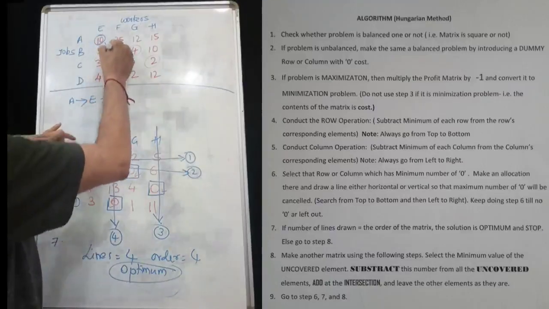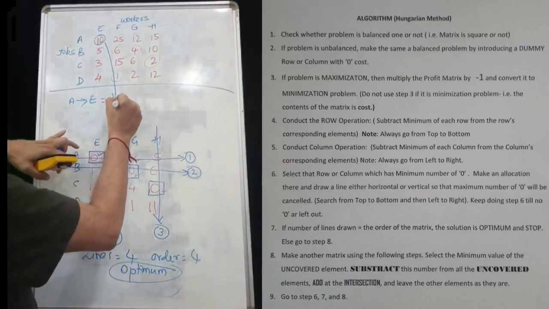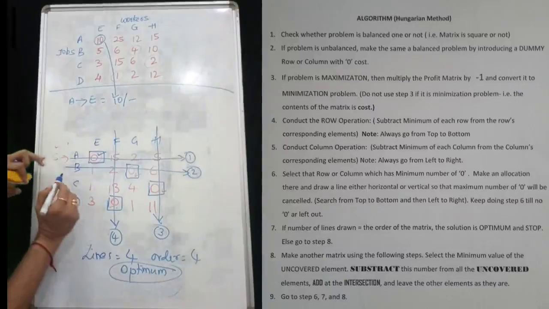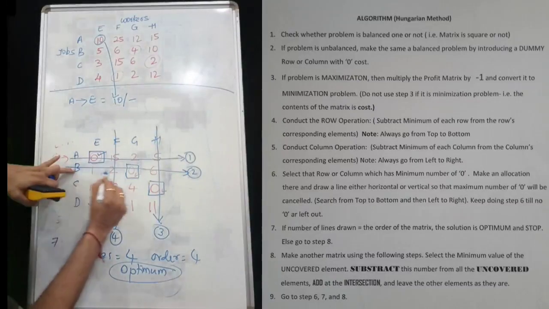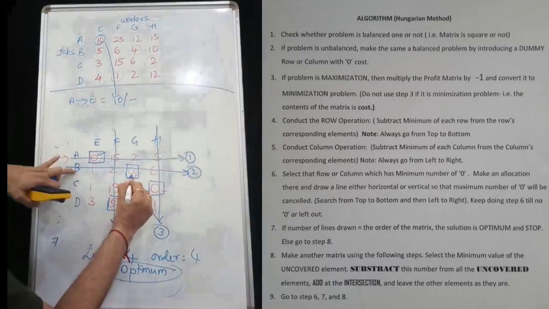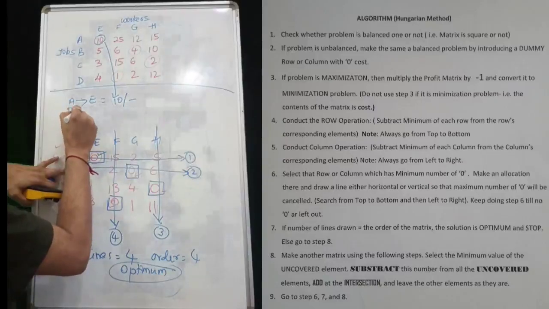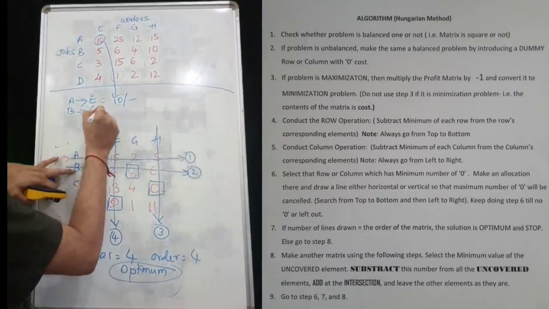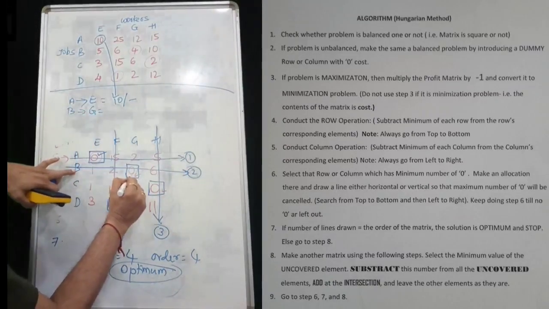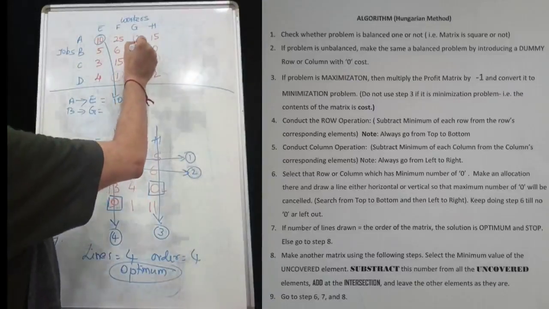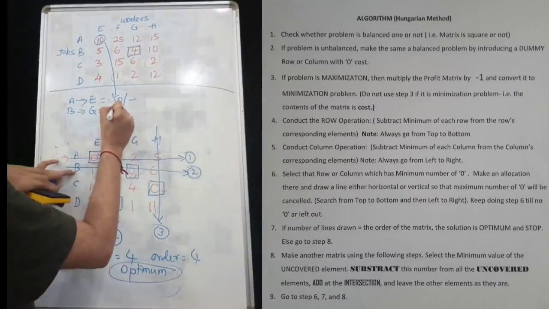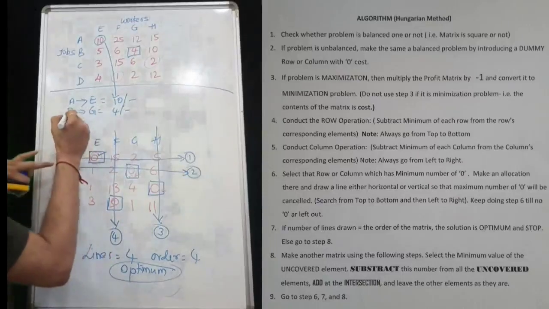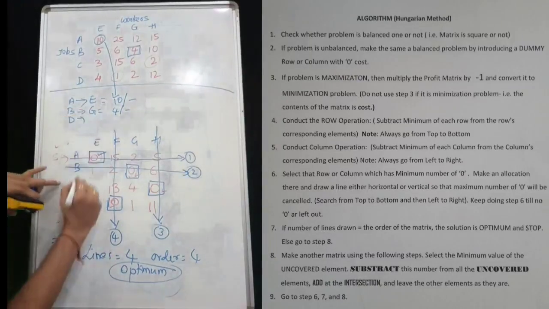What is the cost? I have to take this cost here. It is rupees 10. B will do which job? It will do job G. So B will do job G. It is here. So what is the cost? It is rupees 4.